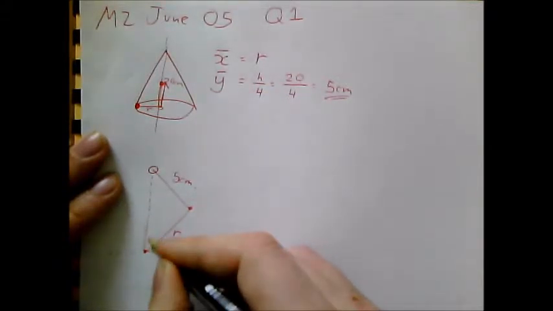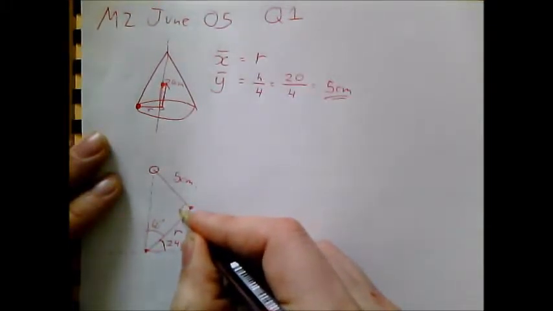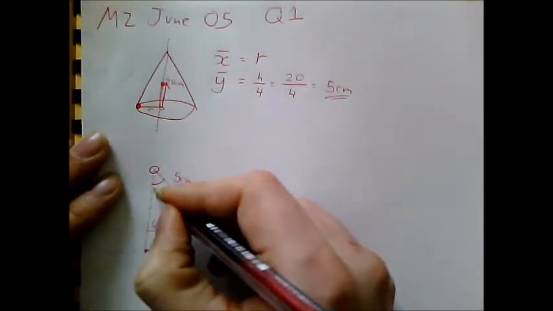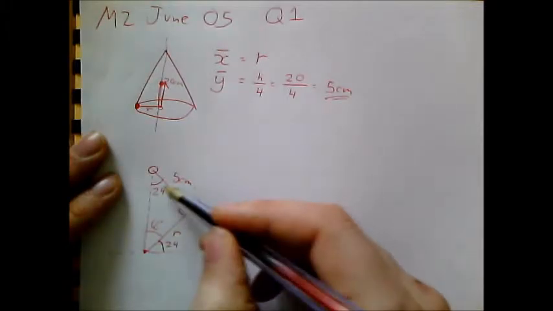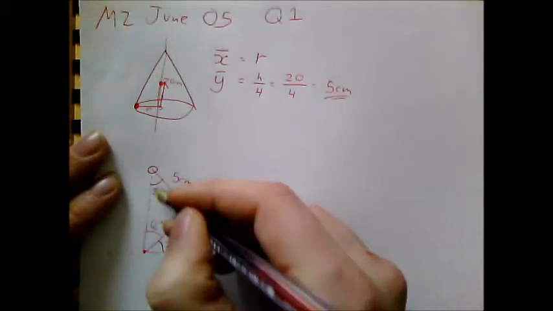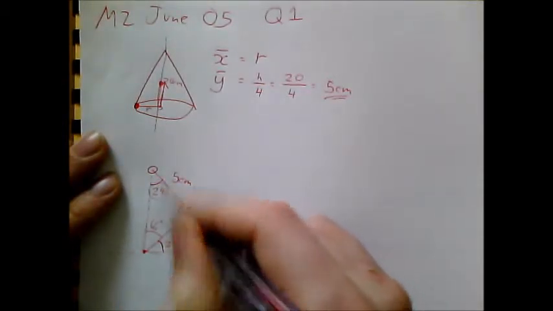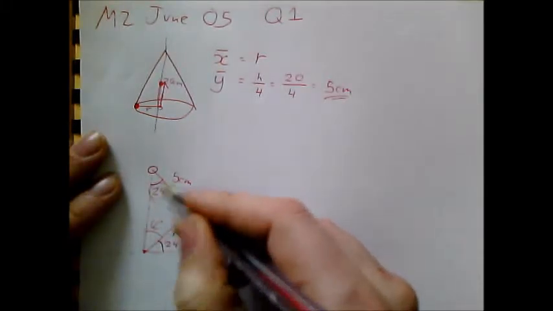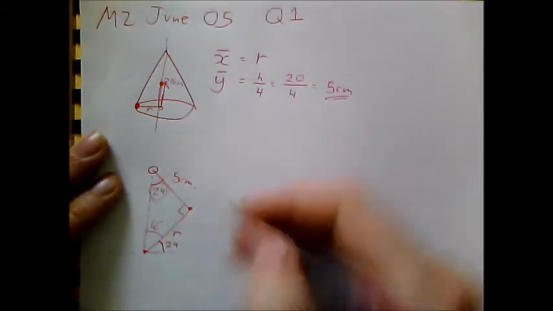So this is going to be 66 degrees, this is the right angle, and so this is also 24 degrees. Now I have one of these two angles. I don't need both of them, but one of them is going to be useful. I'm going to use this one primarily because it has a nice link to our angle to the horizontal. I know a distance, so from here I can find another distance.